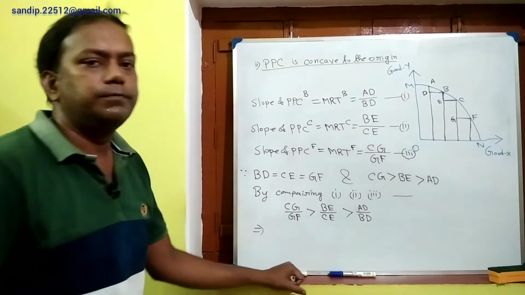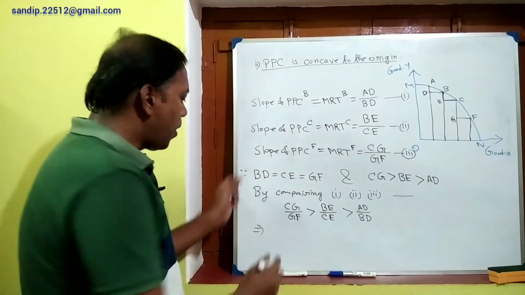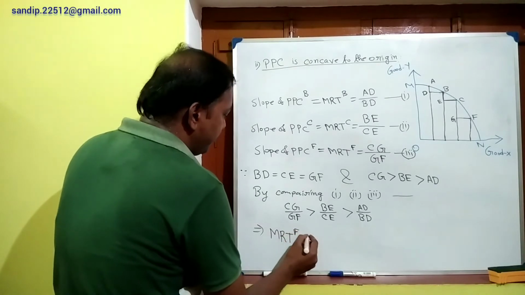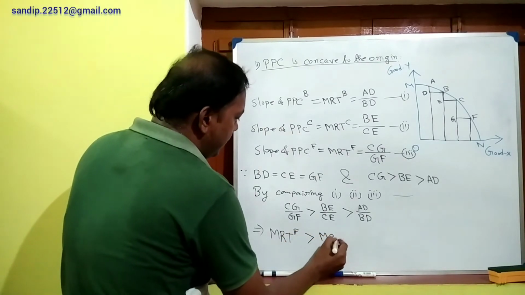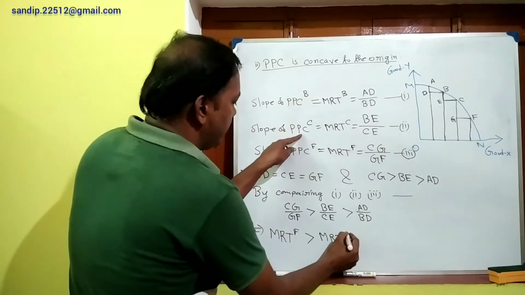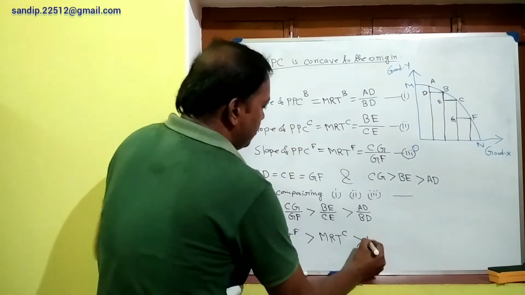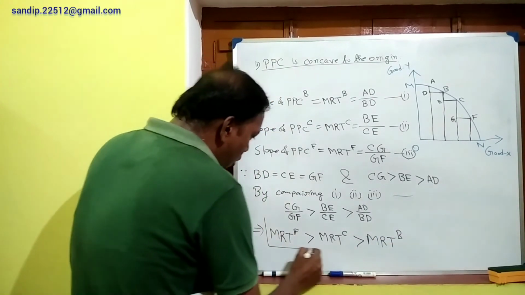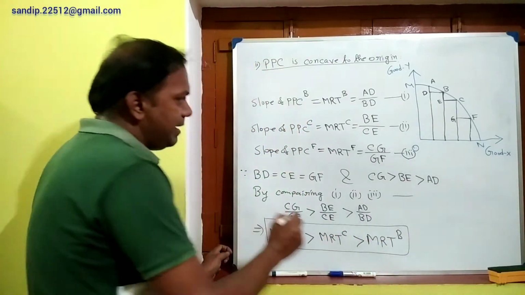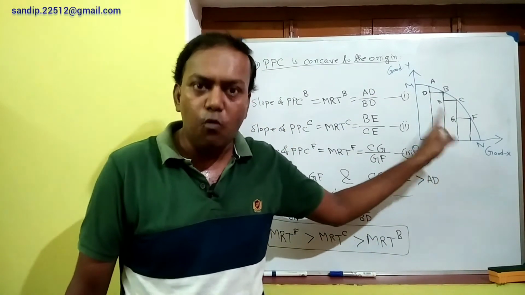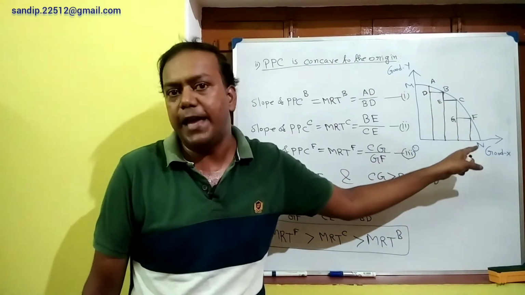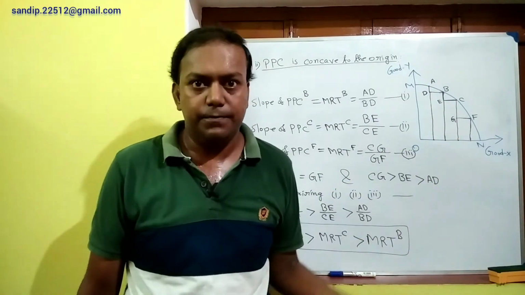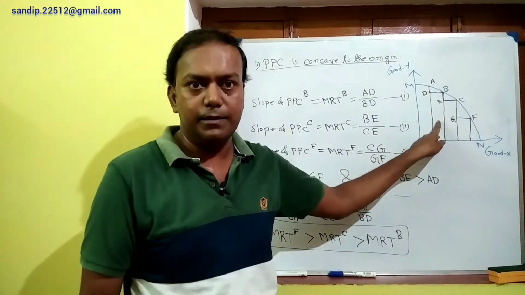So the slope of PPC, or MRT, at point F is greater than the MRT at point C, which is greater than the slope of PPC, or MRT, at point B. From this I can say that as we move from left to right along the PPC, its slope is increasing.